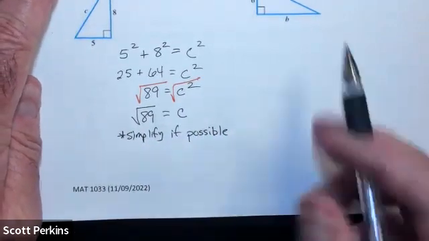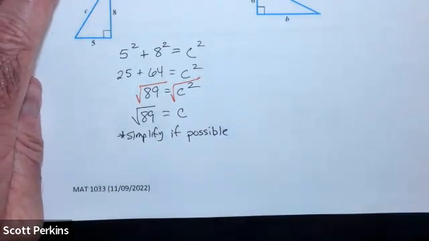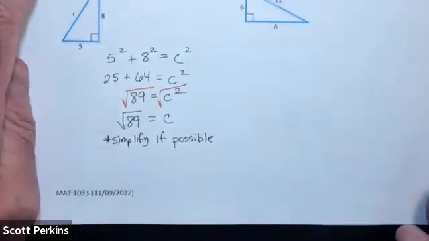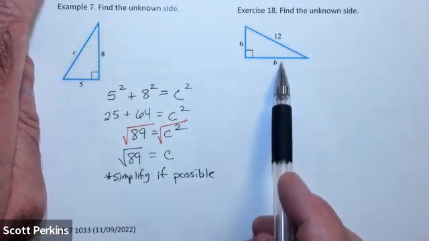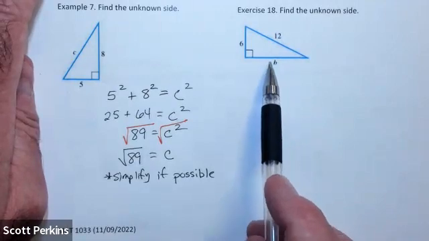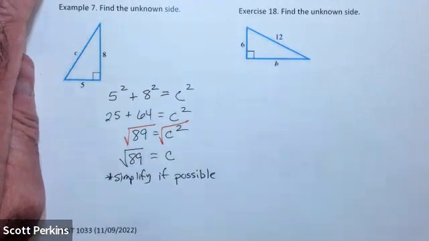So your problem, this last one, exercise 18, you will end up with a radical that can be simplified. Just a heads up on that. Also notice the missing value is one of the legs, not the hypotenuse. So make sure you plug and chug in the right places.